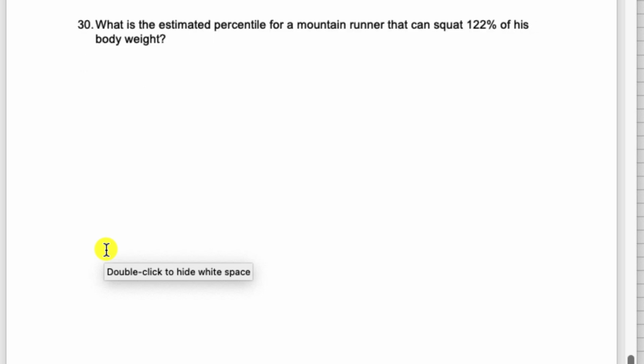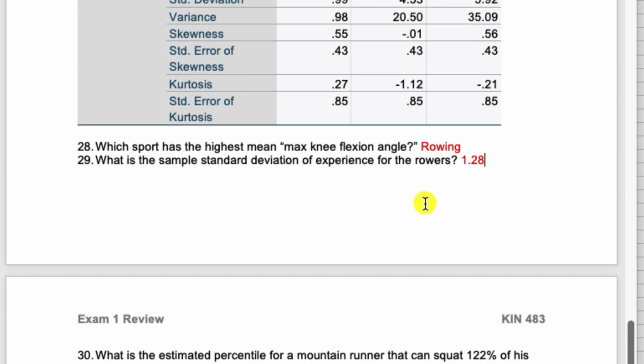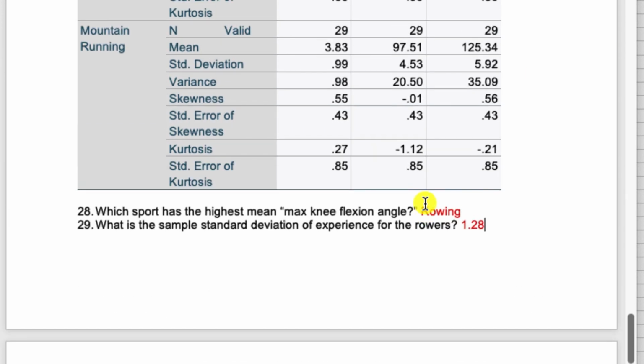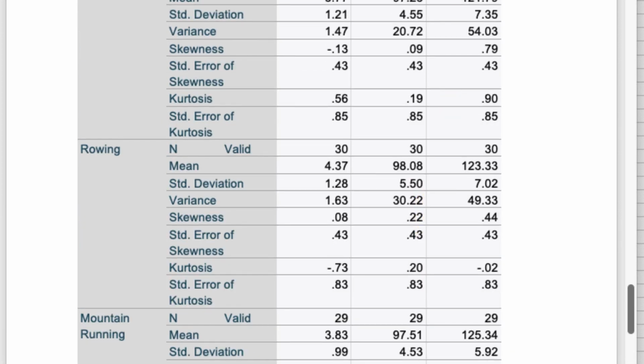The final question in the review is asking us for the estimated percentile for a mountain runner that can squat 122% of his body weight. So there's a couple of ways we could approach this. We could go into our Excel spreadsheet and calculate the mean and standard deviation for mountain runners, specifically for squat values, since that's the percentile we're looking at.